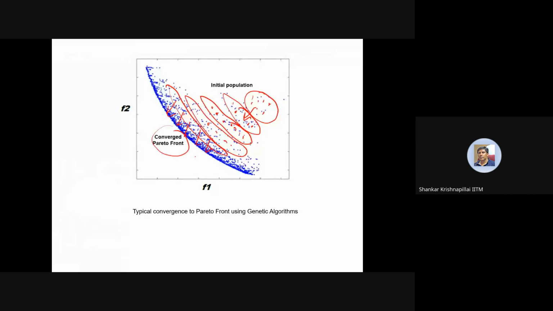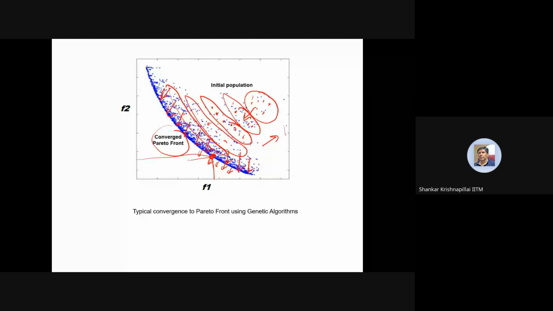You know you have reached the converged Pareto front when there is no further improvement in the front after several iterations. That is, if the F1, F2 values don't change after further iterations, it means you have reached the converged Pareto front. Sometimes it will take 1 hour or 2 hours for the genetic algorithm to reach the converged Pareto front.